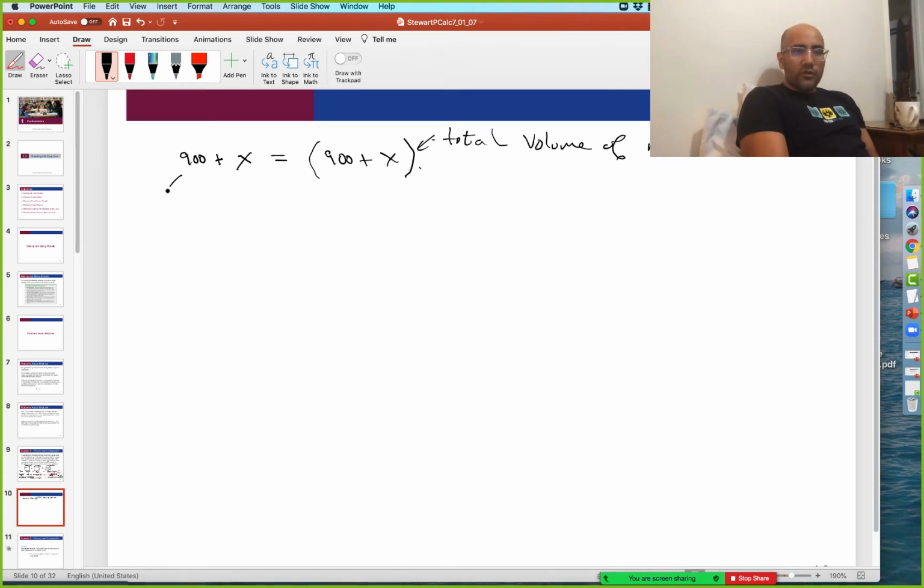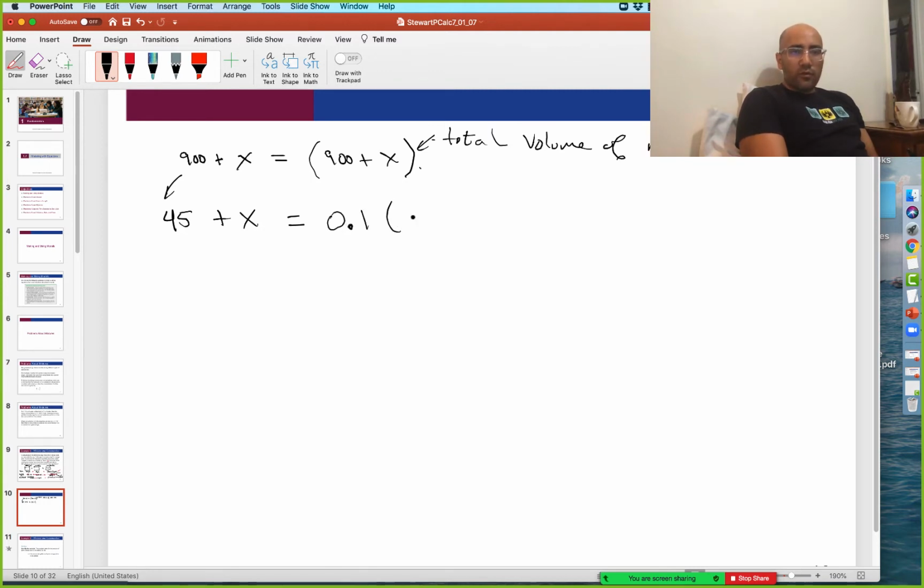Okay, the original mixture had 45 gallons of real orange juice plus X gallons of 100% orange juice. Together, they'll give you 45 plus X gallons, sure. And then, hopefully, if we did this right, the goal was to make sure that our final mixture was 10% orange juice.